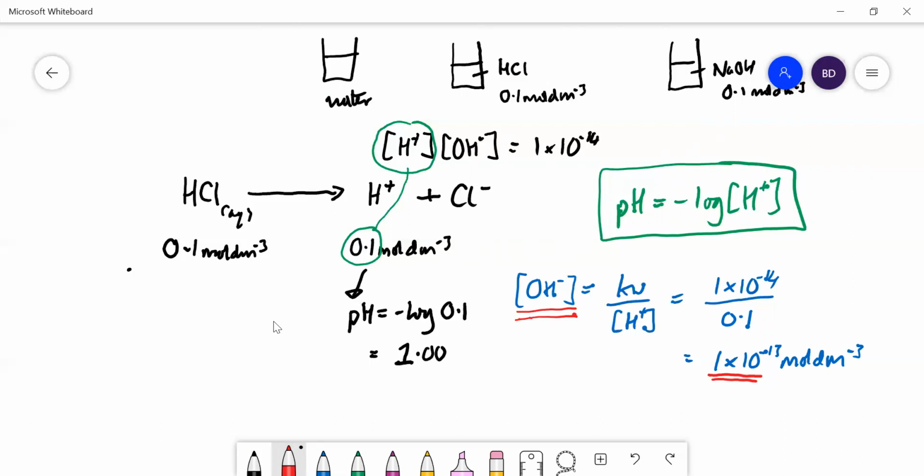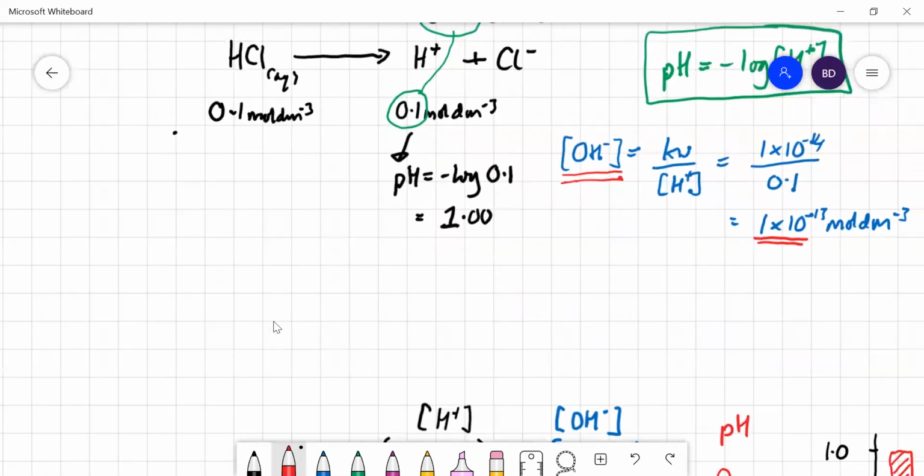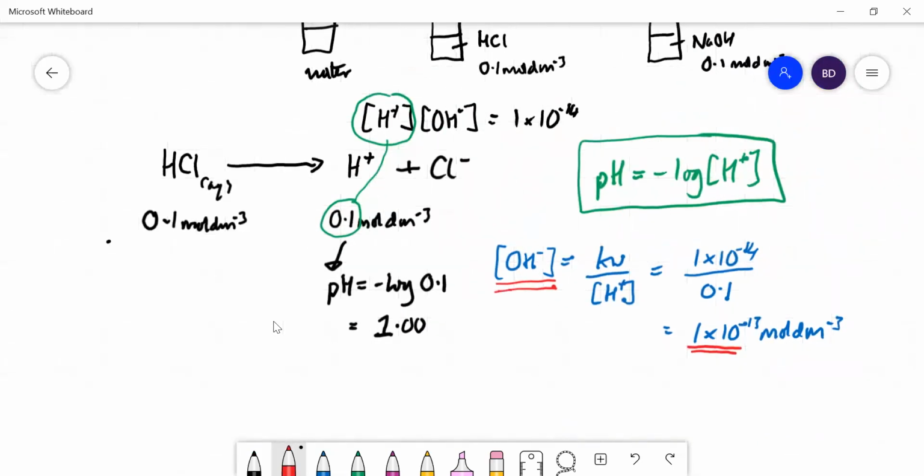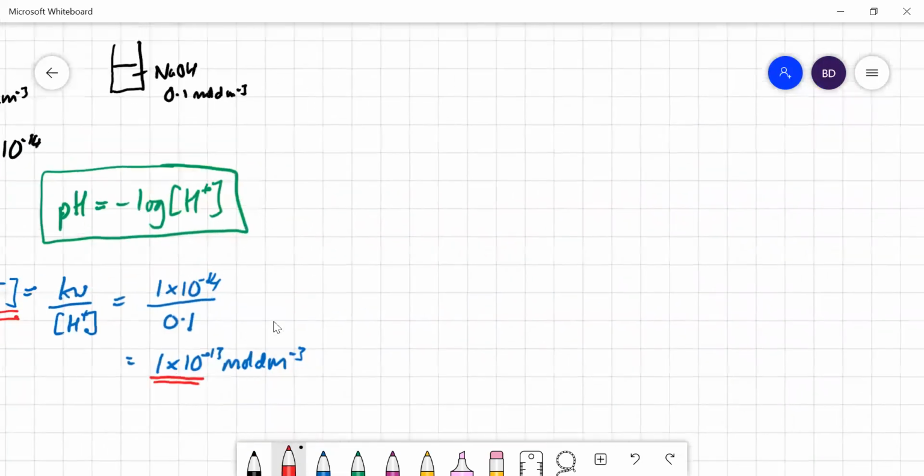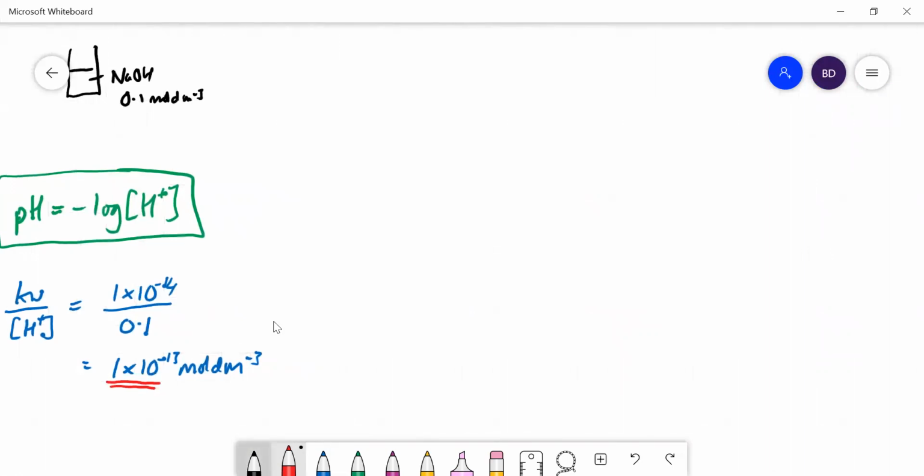Let's think about if we have a solution of sodium hydroxide now. So we've got NaOH, concentration is 0.1 mole per decimeter cubed. Sodium hydroxide is very, very soluble.